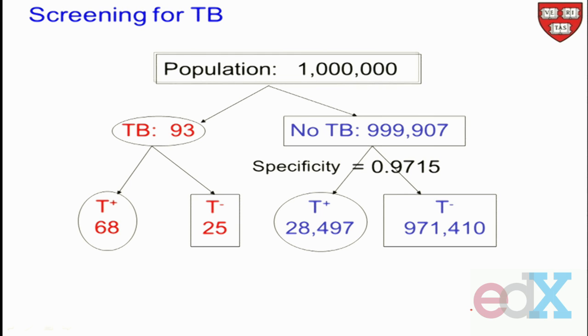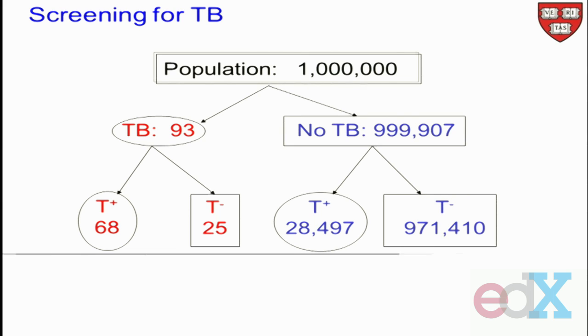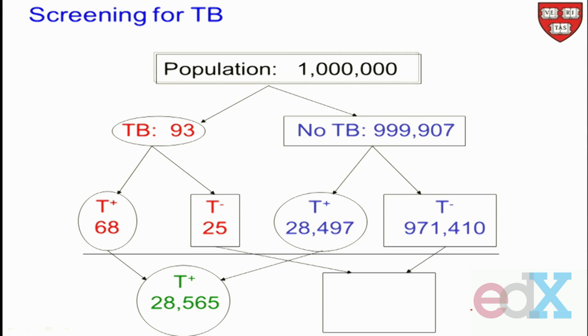Now, we see the impact of this when we draw the line and say, all right, all of this is above the line. We don't see this. What we see is what happens below the line, where the positives are collected, and we find that there are 28,565 positives, and collect the negatives, and we see that there are the remaining 971,435.